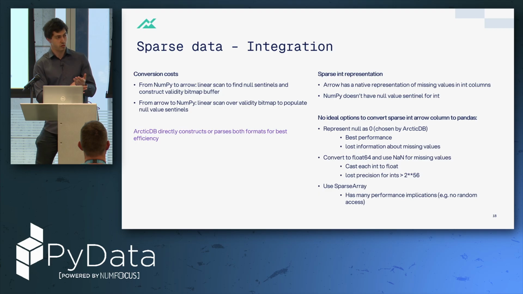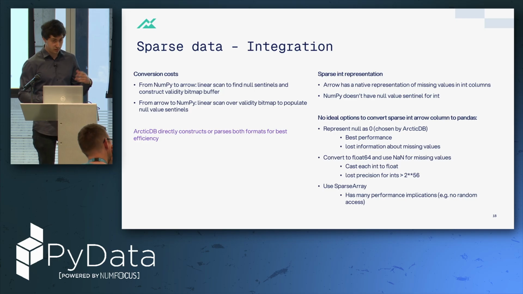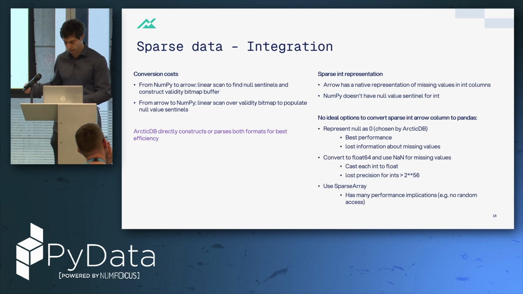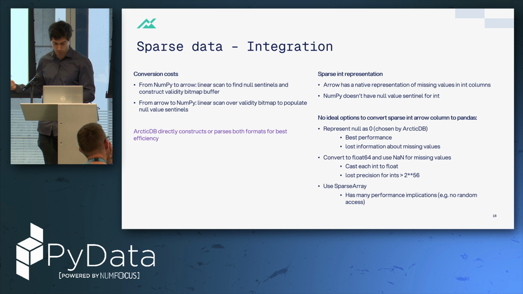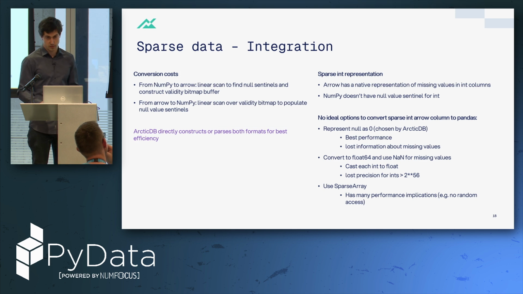So if we have integers larger than 2 to the 53, they will actually get rounded to, let's say, a value divisible by 2 or divisible by 4, etc. Another option is the previously mentioned sparse arrays. But they have many performance implications. Namely, they don't support random access. Like you can't get the 5th element of the sparse array very quickly. It's an option, but it's not ideal in terms of performance.